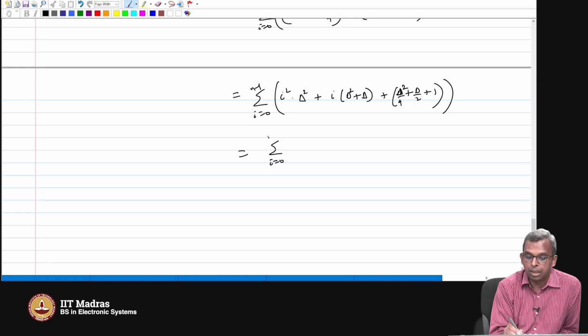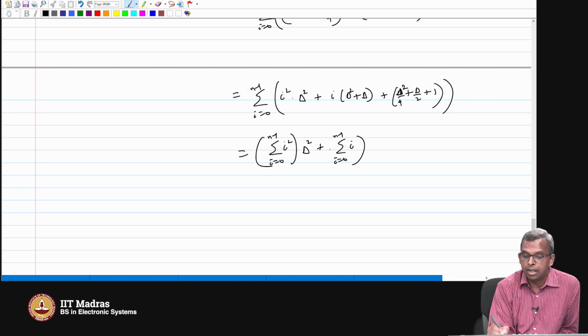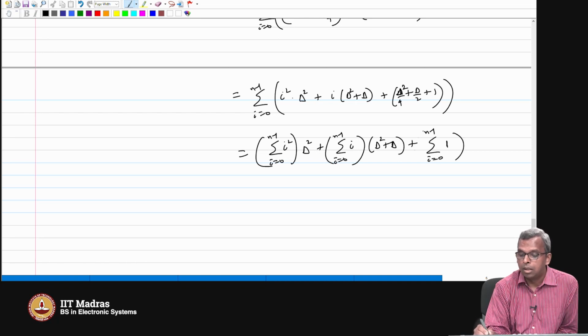So, this will become summation i equals 0 to n minus 1 of i squared times delta squared, plus summation i equals 0 to n minus 1 of i times (delta squared plus delta), plus summation i equals 0 to n minus 1 of 1 multiplied by (delta squared by 4 plus delta by 2 plus 1).